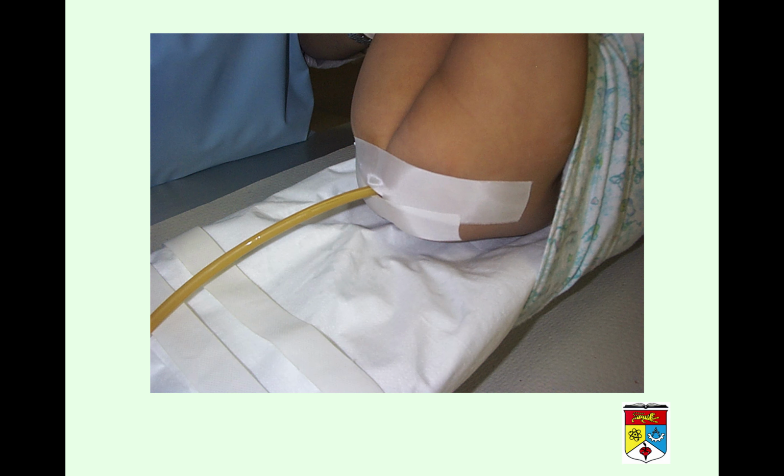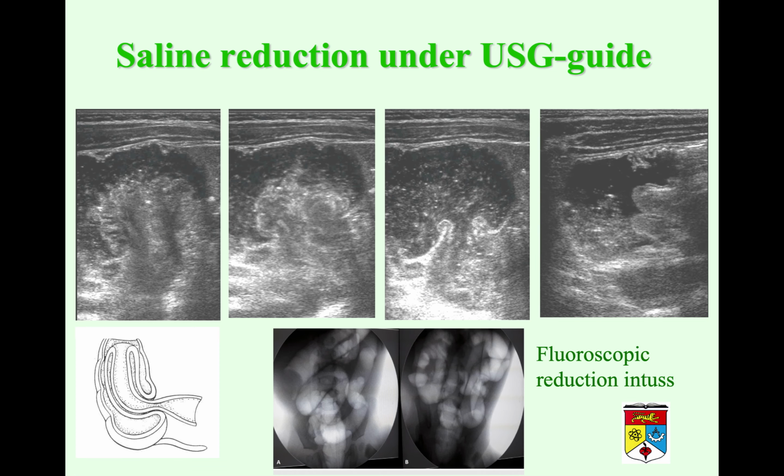So what we do in our center in UCAM, we will insert a rectal tube into the rectum, and then we will introduce saline. Saline, because the saline will help to give pressure, and we will push this ileum back through the ileocecal valve into its normal position.